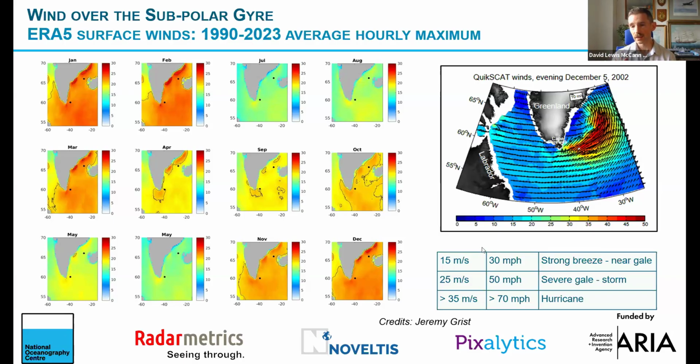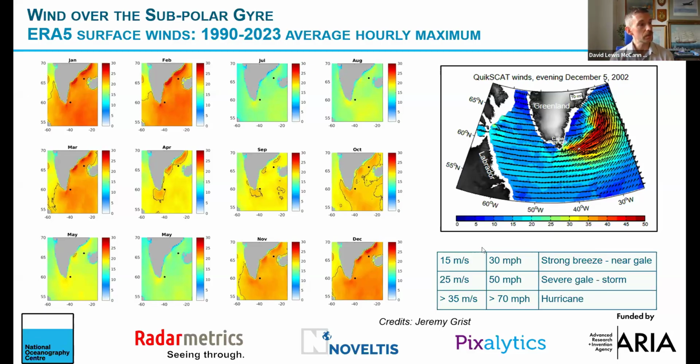And this QuikSCAT image on the top right shows us one of these tip jet events where these phenomenal winds blow off the southern tip of Greenland at Cape Farewell. They can exceed 50 meters per second, so hurricane force winds as a wind event.